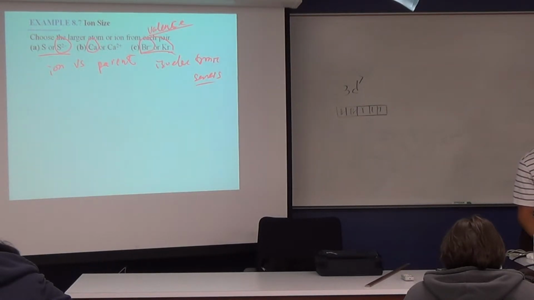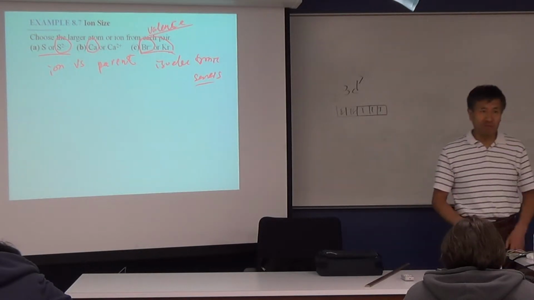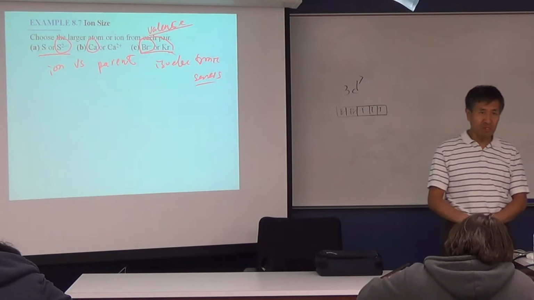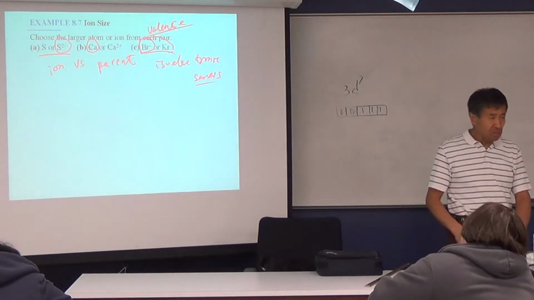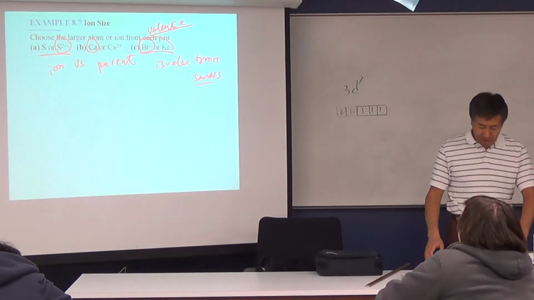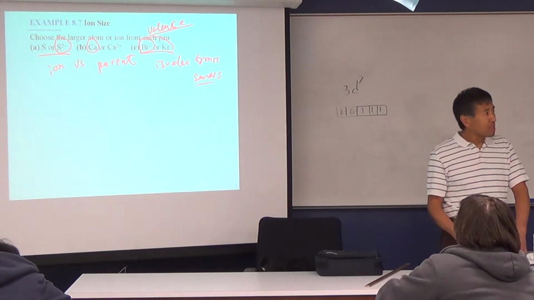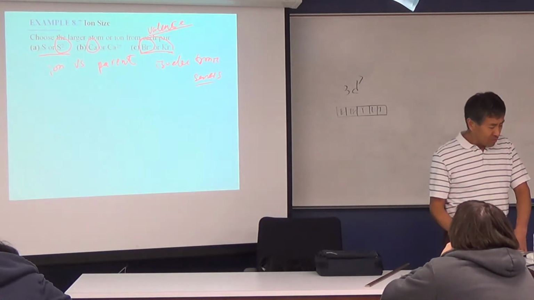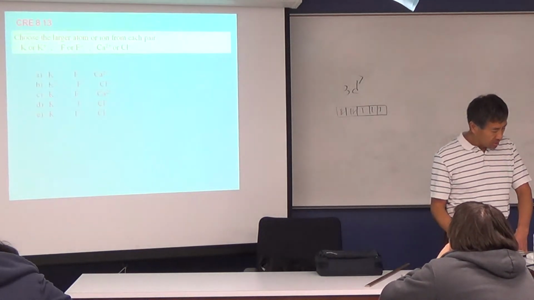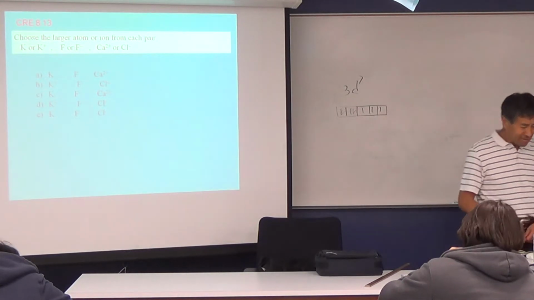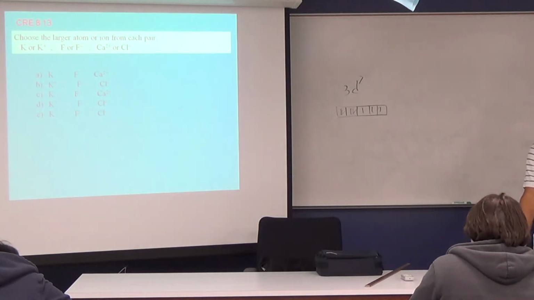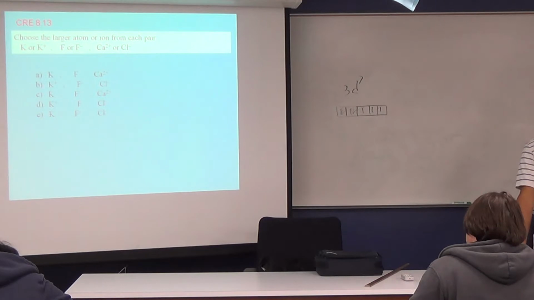The Br1 negative is bigger. Once you identify they have the same number of valence electrons, and you see the atomic number, if the atomic number is larger, then they are getting smaller. So choose the larger atom or ion from each pair.